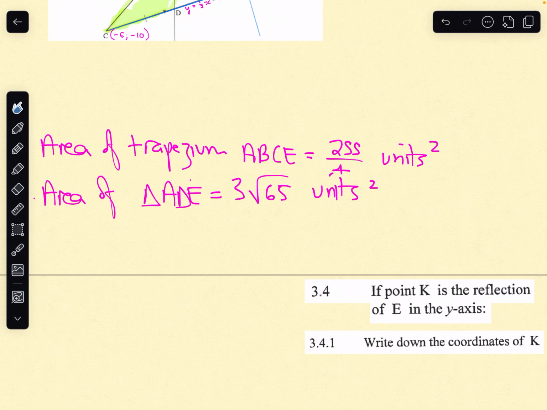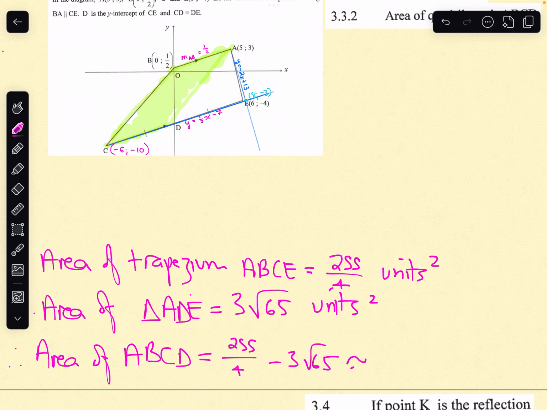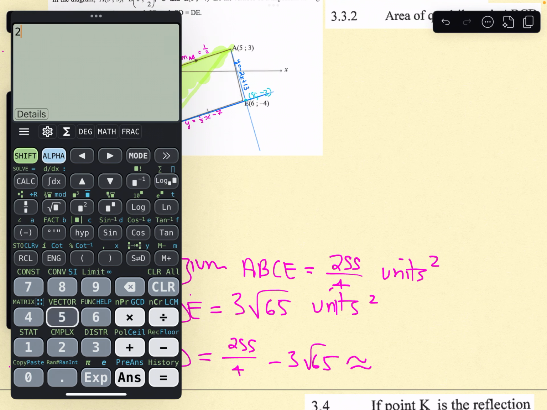Okay, so we now have the area of this trapezium and the area of this triangle. So to get the area of this quadrilateral, we'll just subtract. The area of ABCD will be this minus this, which is going to give us, oh, I was so nervous about that negative number.